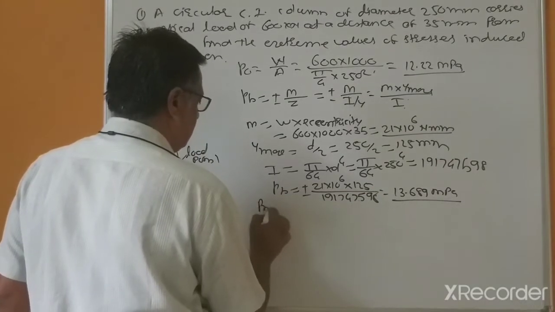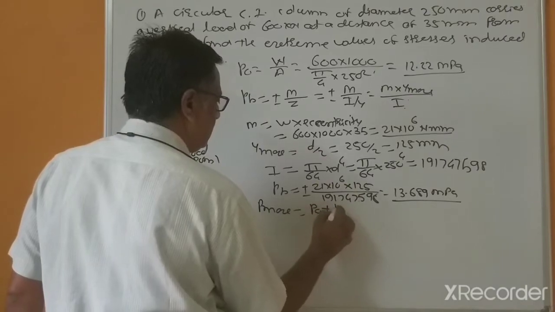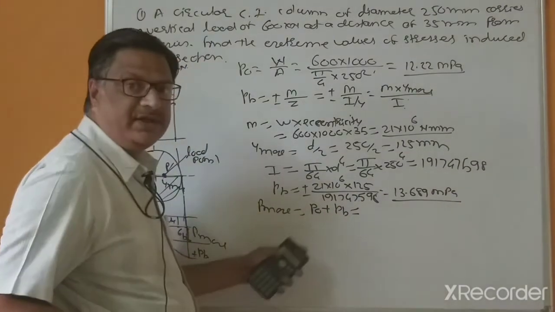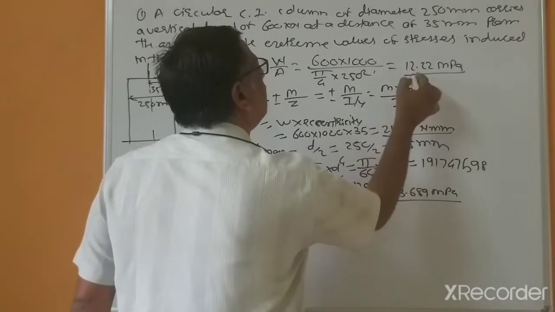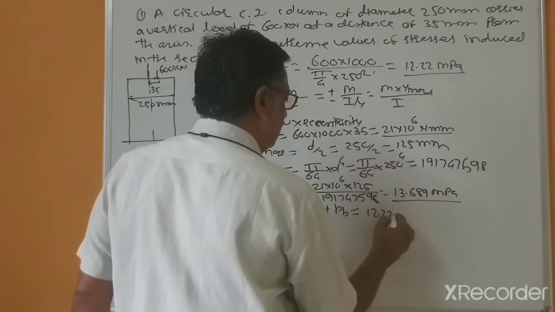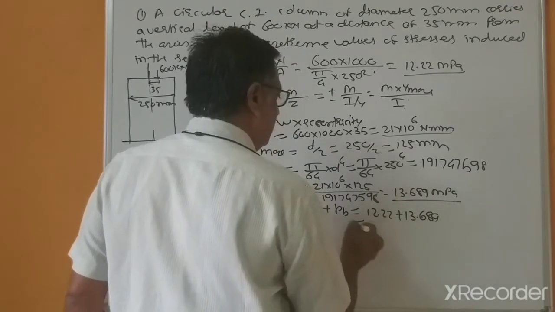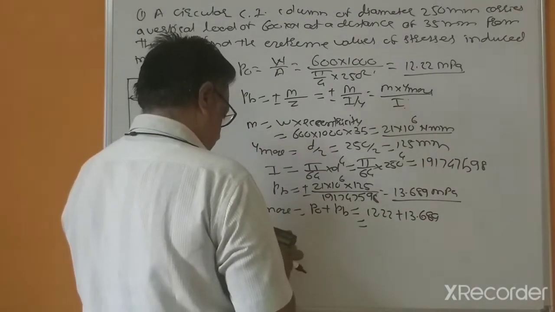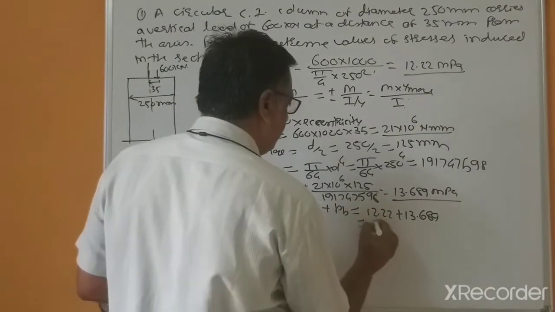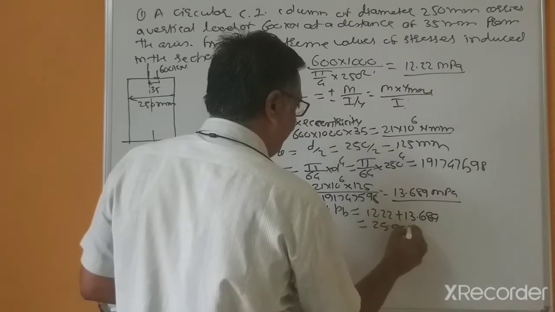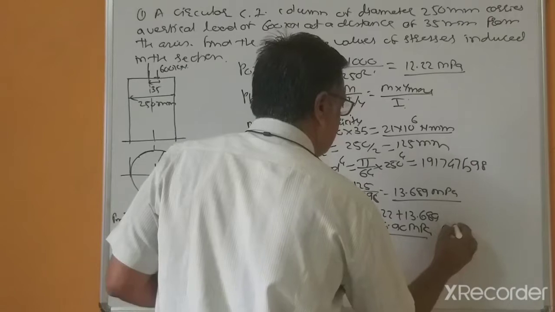So maximum stress equals direct stress plus bending stress. Direct stress equals 12.22 plus 13.689, which is 25.90 megapascal, and this is compressive.